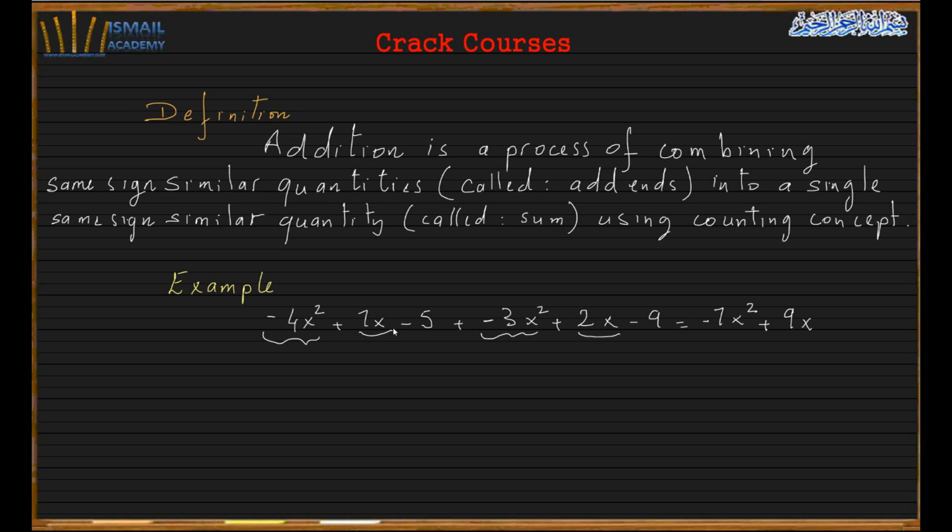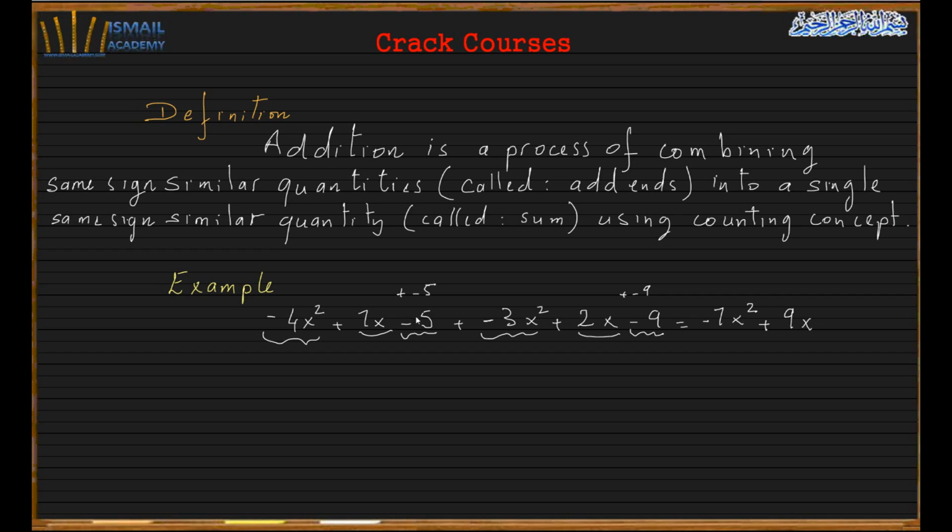Here you see that we don't have a plus sign, we have a minus. Always the minus in front of the number belongs to that number. That means this one is minus 5 and this one is minus 9. It's the same thing as if I had plus minus 5, plus minus 9. It's the same idea.